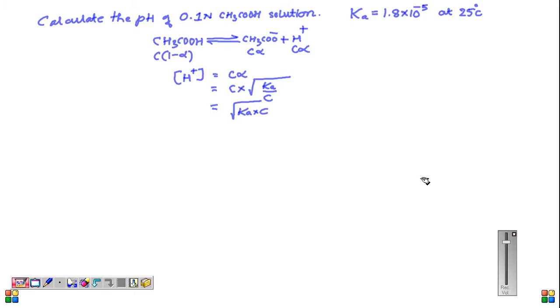That is the value. Now if I substitute all these values, this is equal to root of Ka value 1.8 into 10 to the power minus 5 multiplied by the concentration of the solution. C is the concentration. It is 0.1 moles per liter.